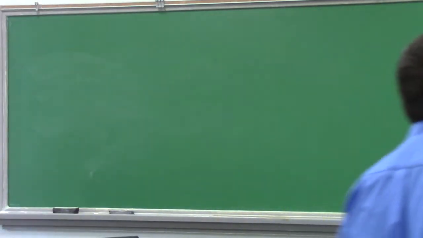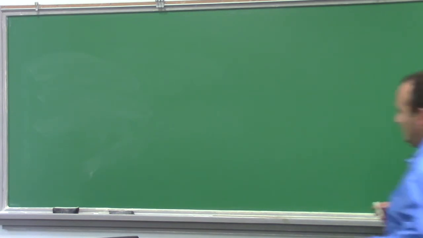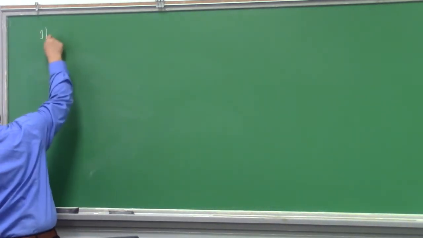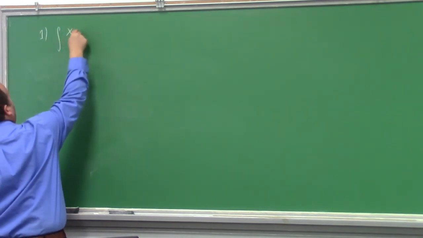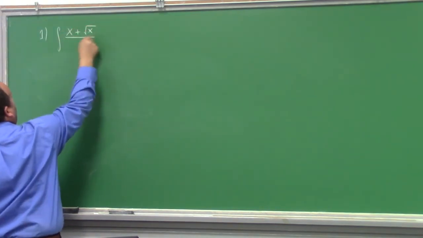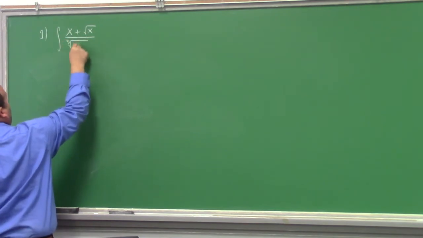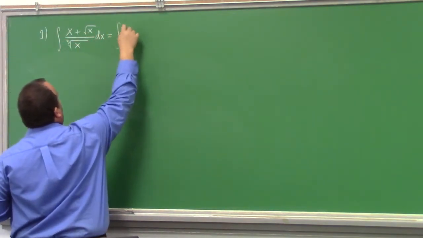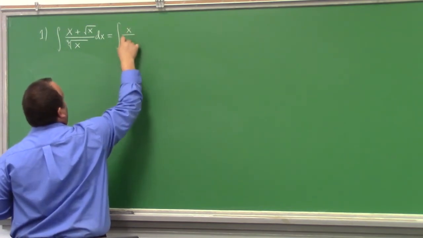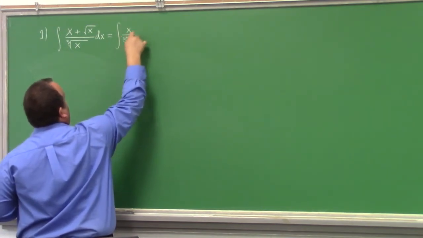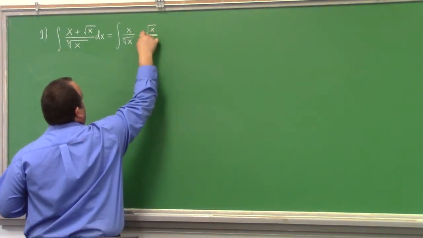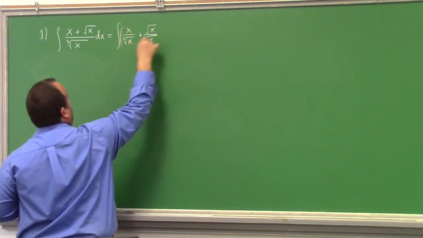All right, so we have the integral of x plus the square root of x over the cube root of x. Okay, so here we've got x over cube root of x plus the square root of x over the cube root of x by algebra.